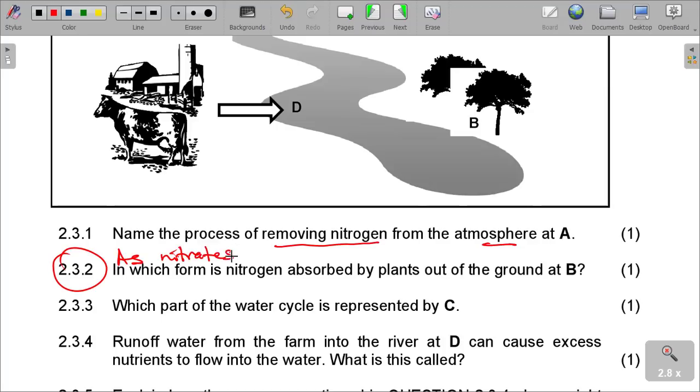It is absorbed as nitrates, which can also be given as a formula, NO3. Nitrates, which is very correct.